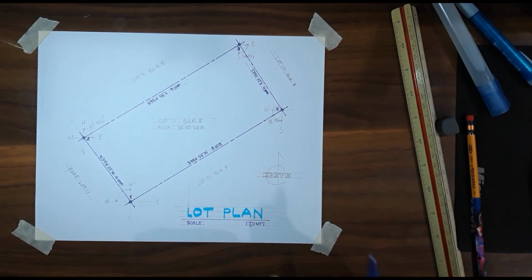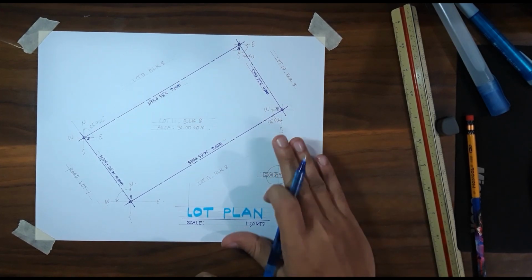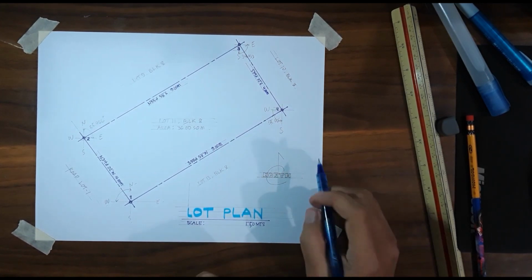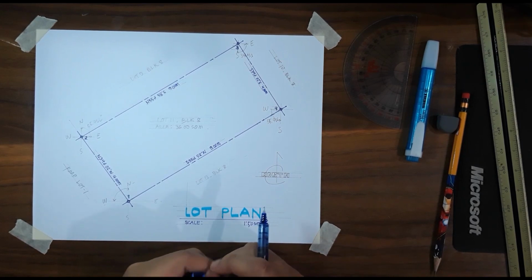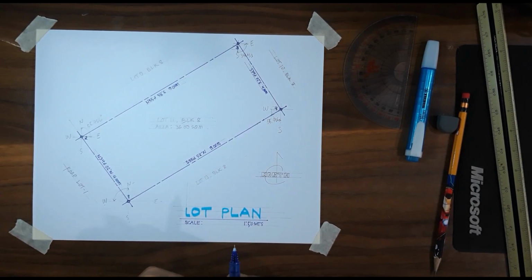Okay guys, so this is the final drawing that we did. As you can see, it's now in blue ink. What are the notes or remarks that I need to share with you when doing the lot plan? First, we need to understand the legend or the standard symbols in doing the lot plan.